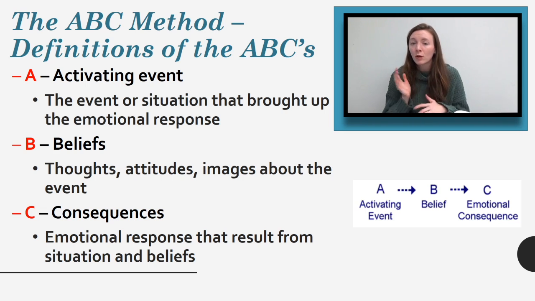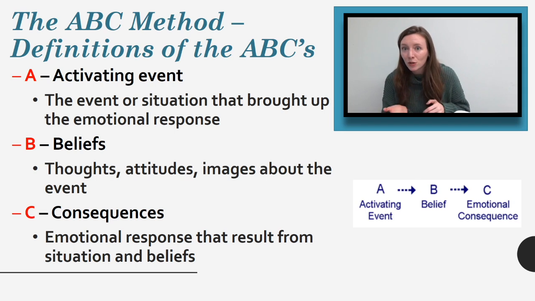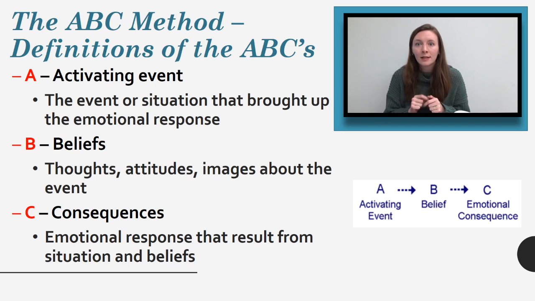Those are the thoughts, the words that run through your head, the images that you see, the attitudes about the event, and that's really what we're going to target. And C is the consequence. That's the emotional response that results from the situation and the beliefs you have about it. The consequences are usually one word: mad, sad, frustrated, angry, just one thing.